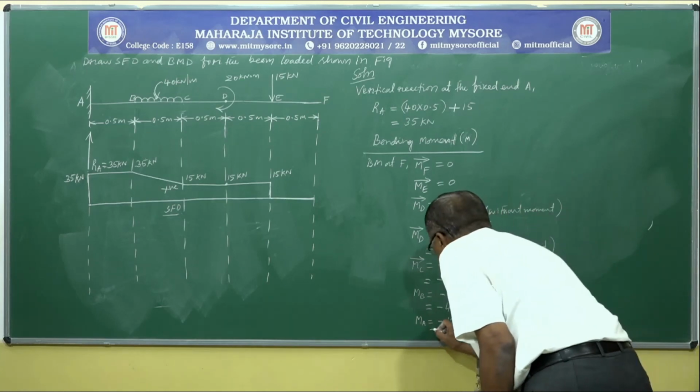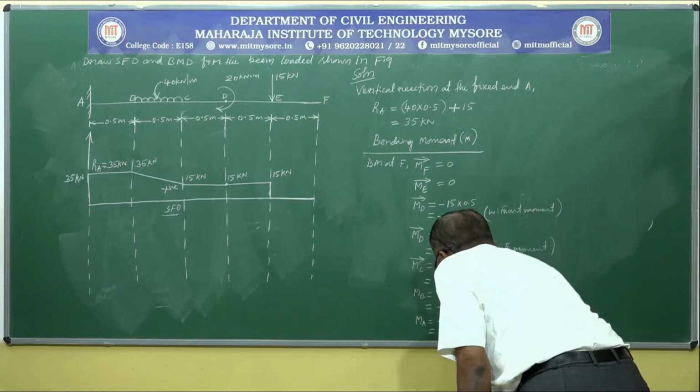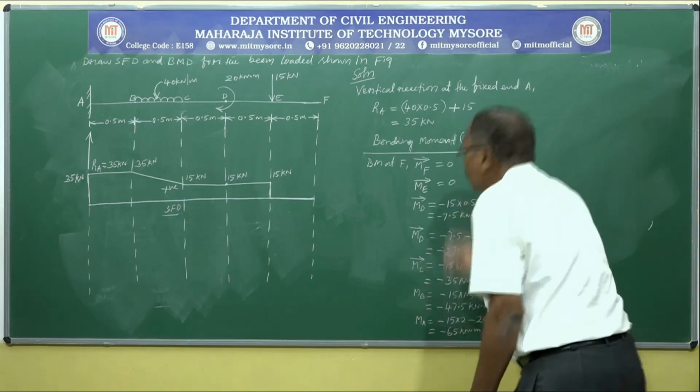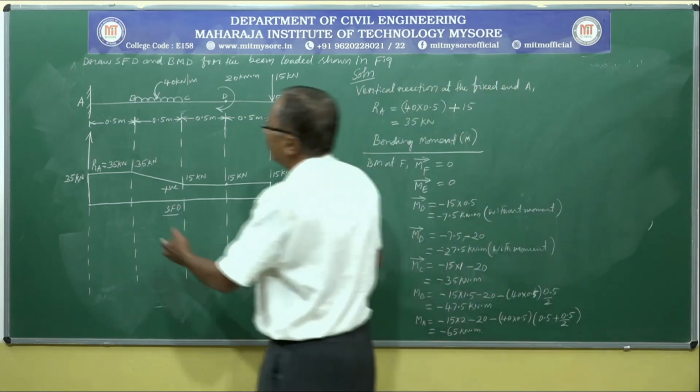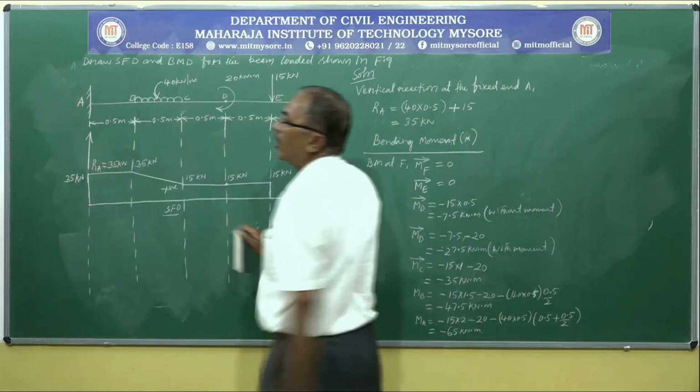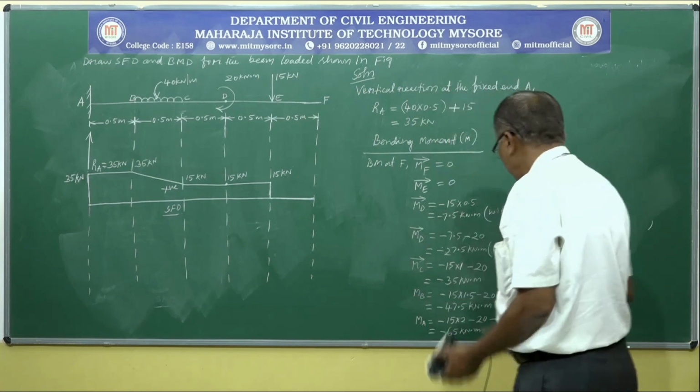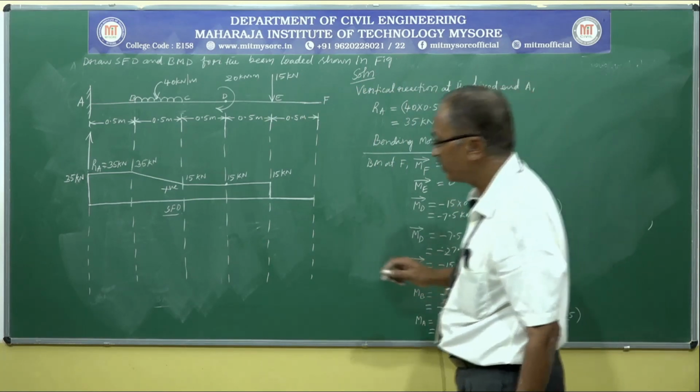That is equal to minus 65 kilonewton meter. There will be an opposing moment at the fixed end, and the other value will be 0, it is understood.